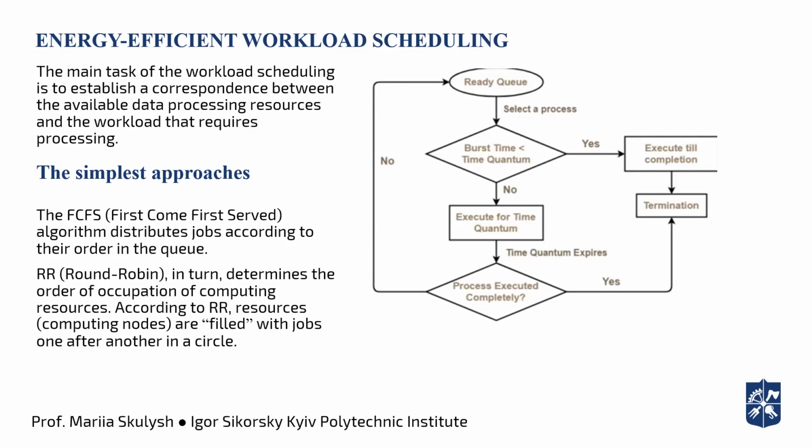So I want to say that scheduling, or using the best way of request processing, can save a lot of energy. From one side, from the previous slide, you can see that you can scale resources, scale the number of nodes.